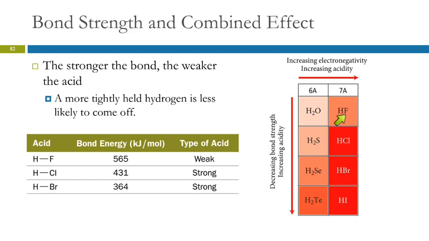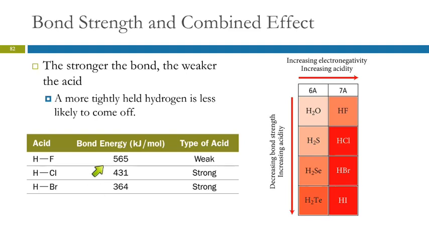So HF is a weak acid because it has a stronghold on the hydrogen. As we go down, the bond becomes weaker because these elements, while they are electronegative and do provide that polar bond that's needed, are less electronegative and larger, and so the bond strength is less.